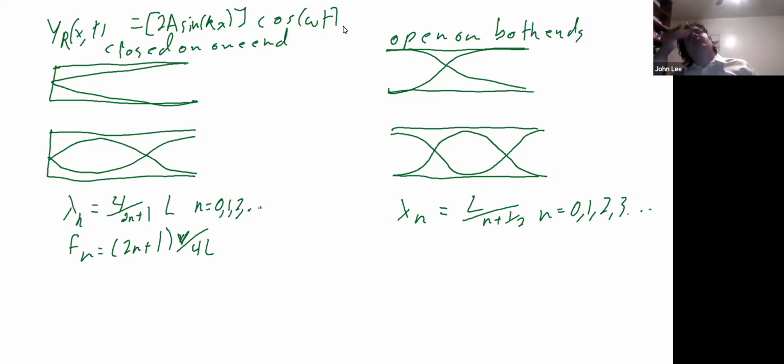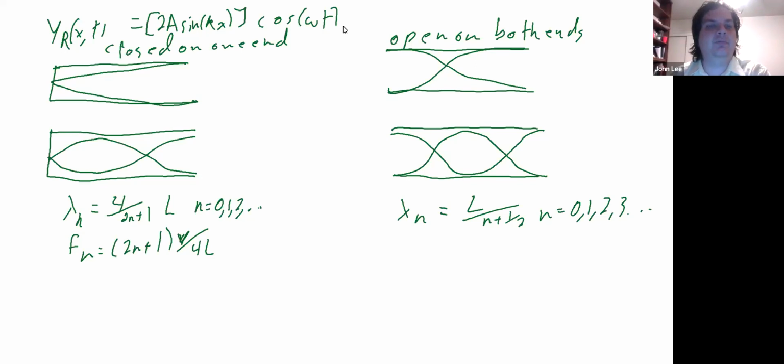If you remember from our section on standing waves, we briefly went over the fact that y(x,t) equals 2A sine of kx times cosine of omega t.